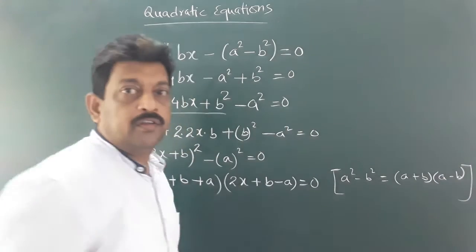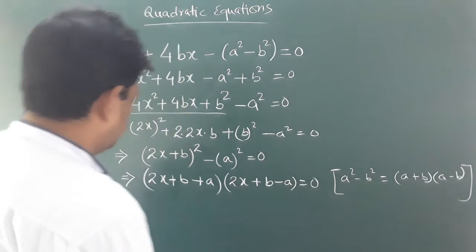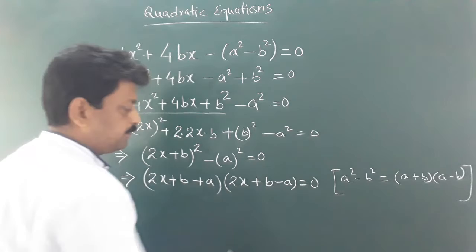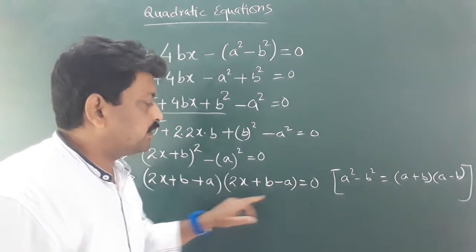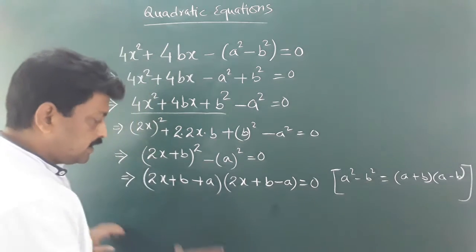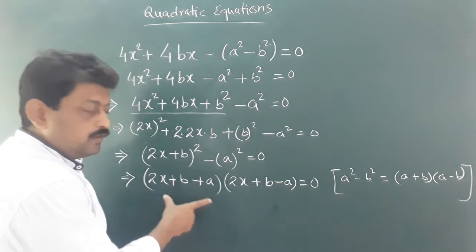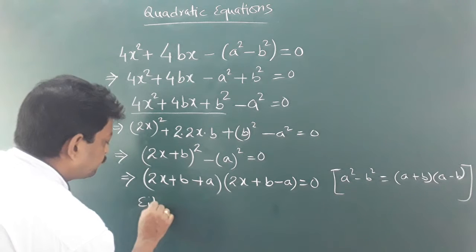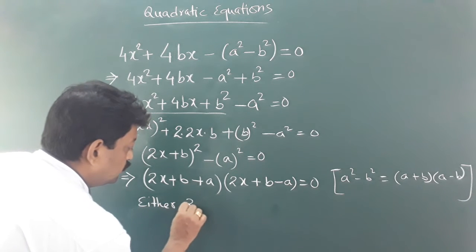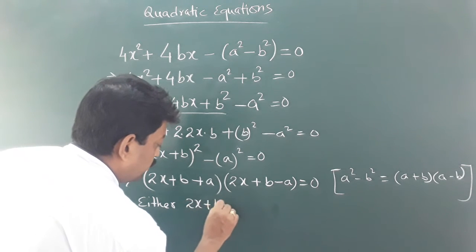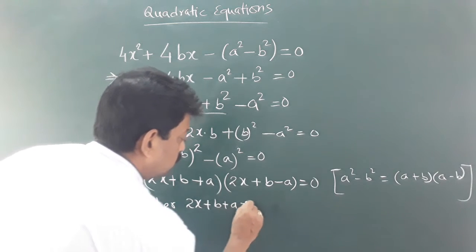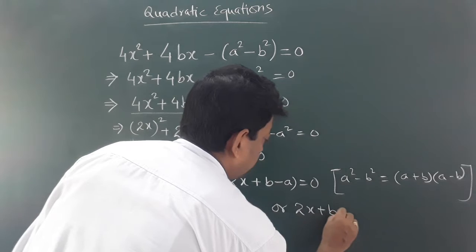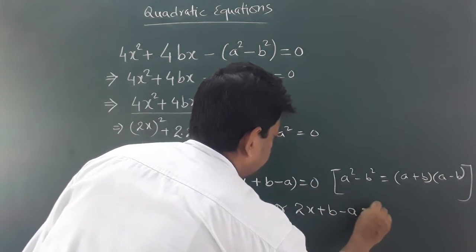So we are getting two factors, and the product of these two factors is equal to 0. That means either the first factor is 0 or the second factor is 0. So either 2x plus b plus a equals to 0 or 2x plus b minus a equals to 0.